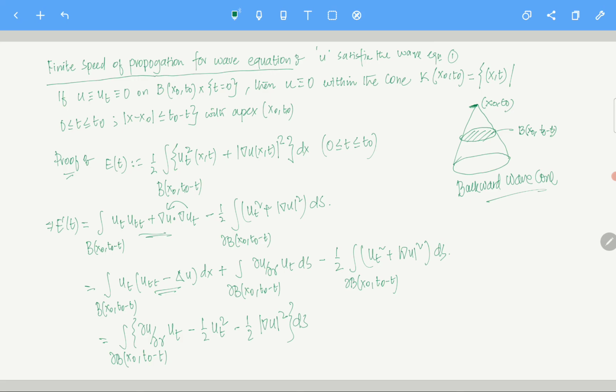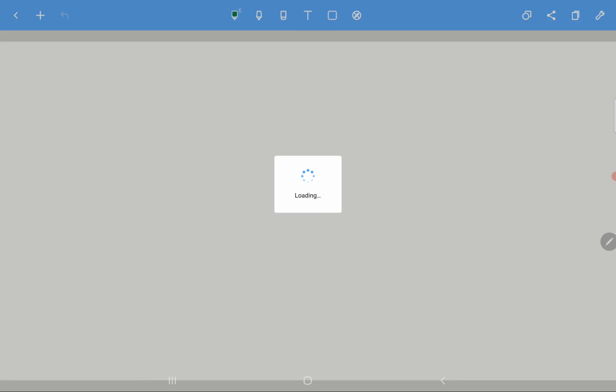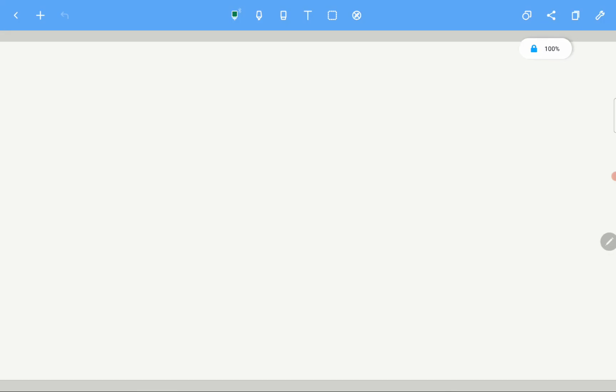Now, what is γ? Gamma is the unit outer normal. I am not writing all that because those things are already known. This particular term ∂u/∂γ times u_t I want to calculate.